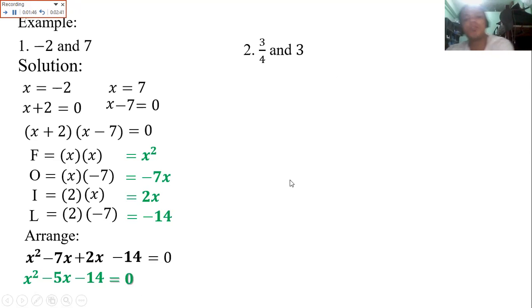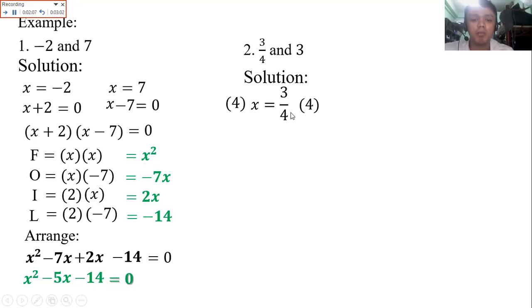Next, given the roots 3/4 and 3, now find the equation. So this time, sinamahan natin ng fraction. Again, x equal to 3/4 yan. Since roots yung 3/4 at 3, then we will multiply both sides by 4 para matanggal natin denominator, para mas madali natin ma-transpose o ma-rewrite yung expression into this form.